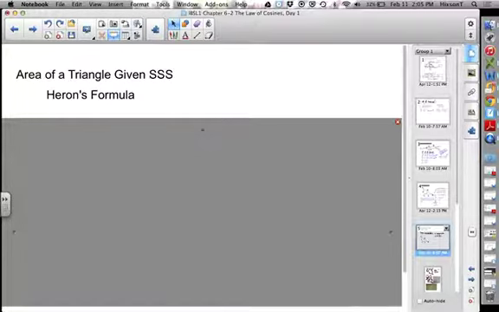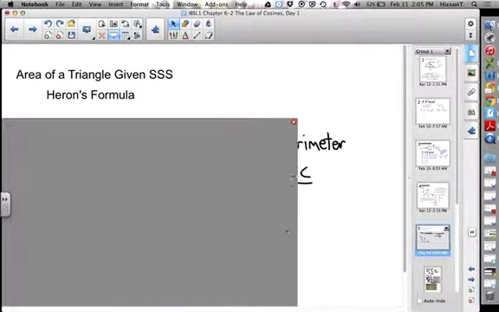Perimeter. Okay, add up the sides and that's your perimeter. Well, this uses something called the semi-perimeter. What does the prefix semi mean? Partial. Partial, more specifically, half. So what do you think the semi-perimeter is?